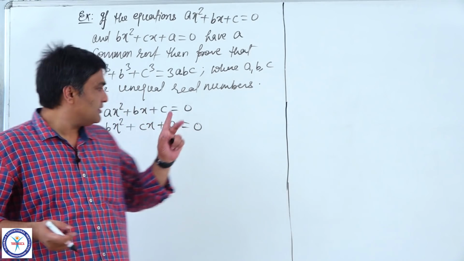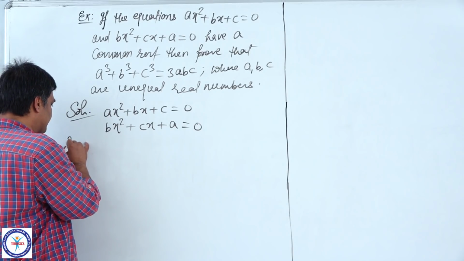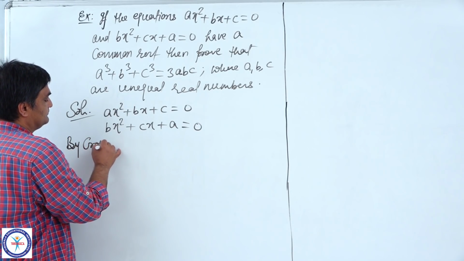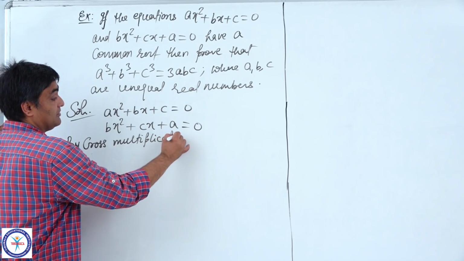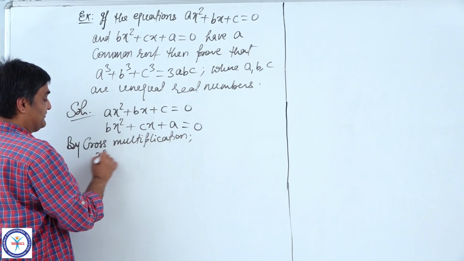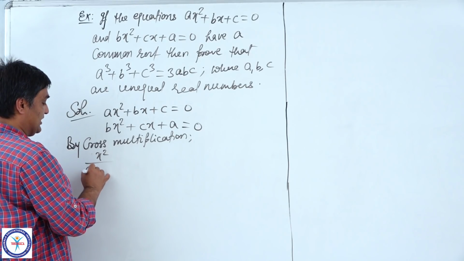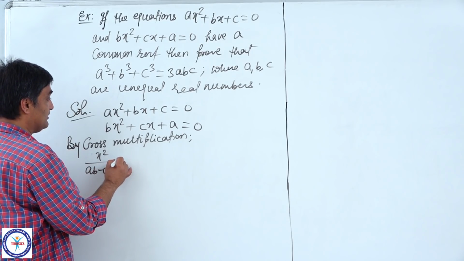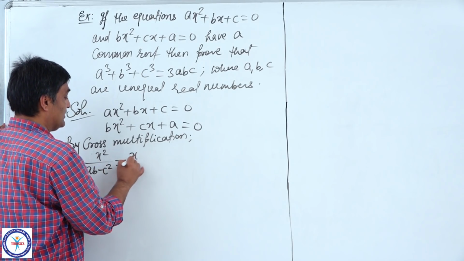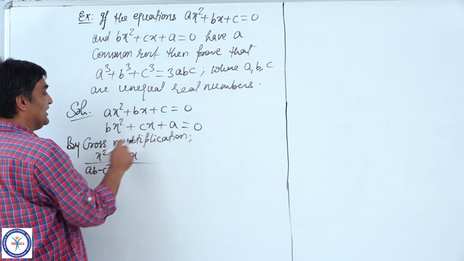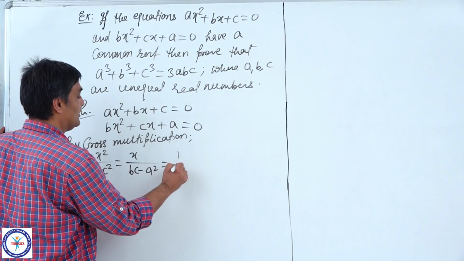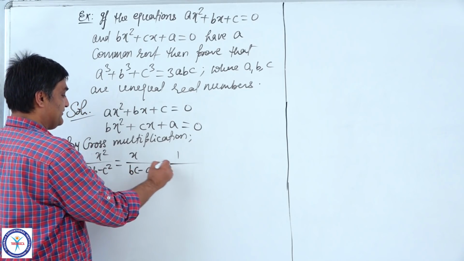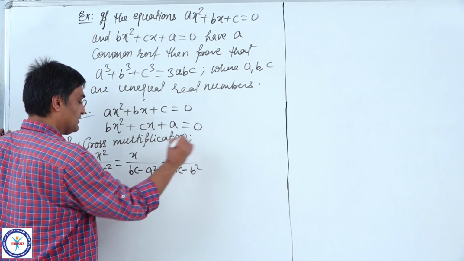By cross multiplication, we have x square by ab minus c square is equal to x by bc minus a square equal to 1 by ac minus b square.